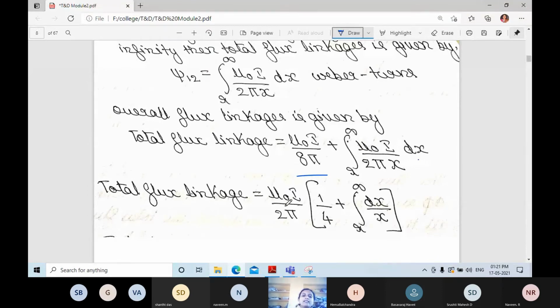The total flux linkage, taking mu naught I divided by 2 pi common, gives 1 by 4 plus the integral from r to infinity of dx divided by x.